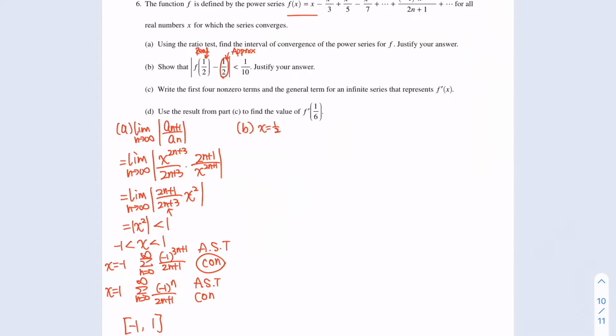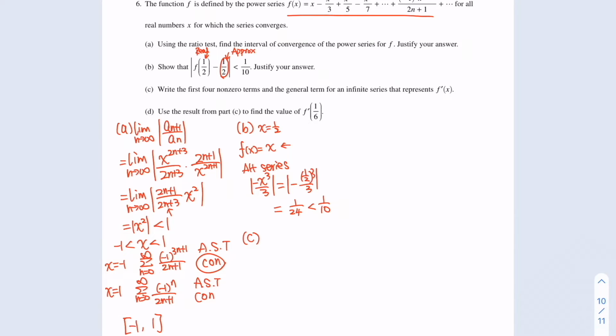If you look at our series here, in order to get our approximation 1/2, we are using f(x) equals x, which is the first term. We use only the first term. But because it's an alternating series, the error bound is given by the next term, which is the absolute value of x cubed over 3. X equals 1/2 here, which is 1 over 24. It's less than 1 over 10.